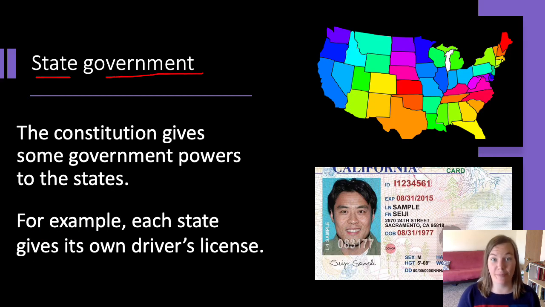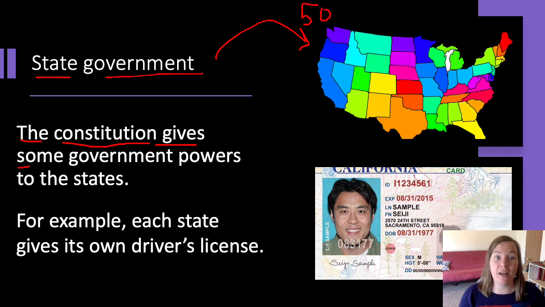State government. How many states are in the United States? 50 states. The Constitution gives some government powers to the states.